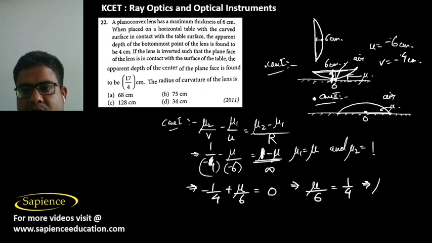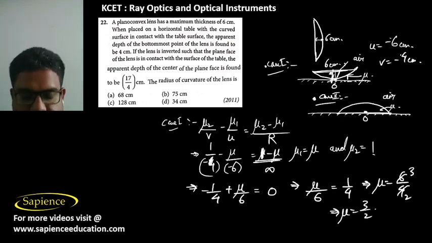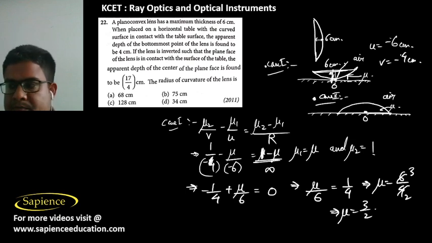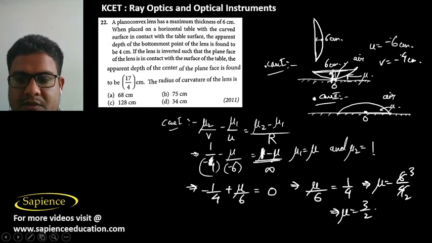Mu by 6 equals 1 by 4, so mu is equal to 6 by 4, and mu is equal to 3 by 2. So the refractive index of the lens is 3 by 2.